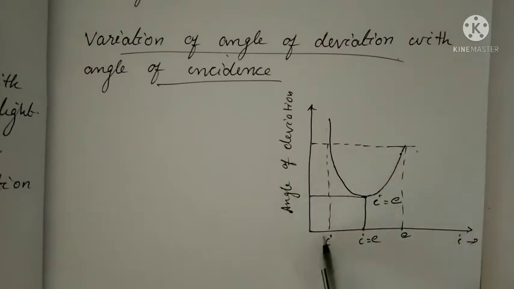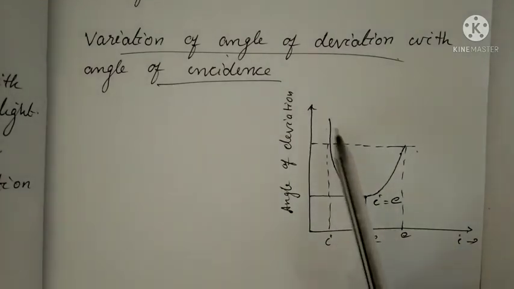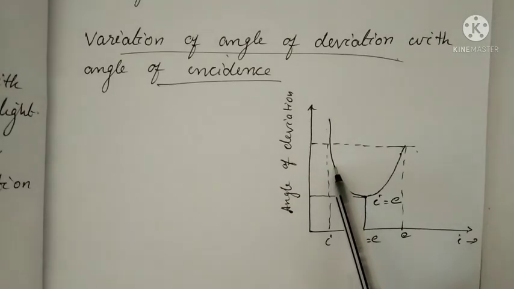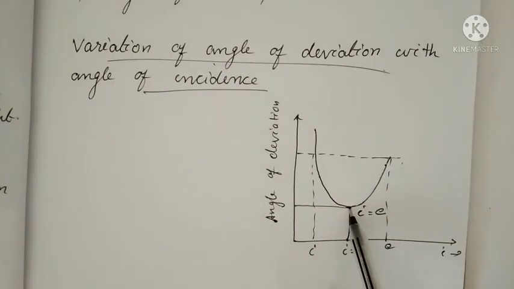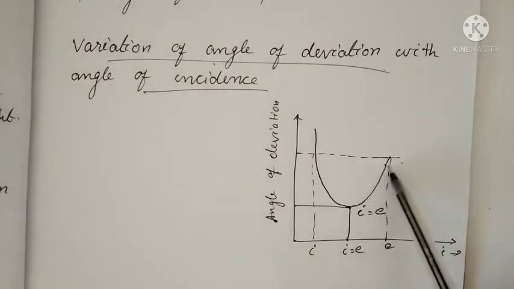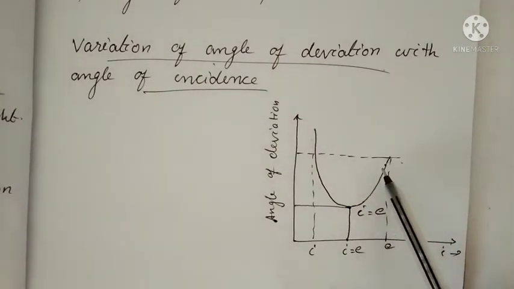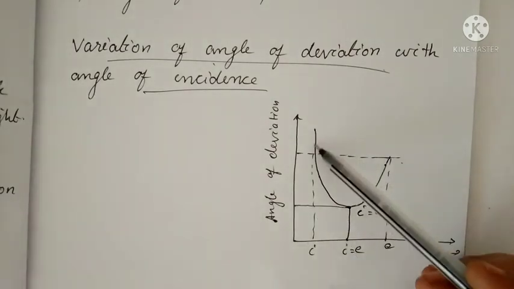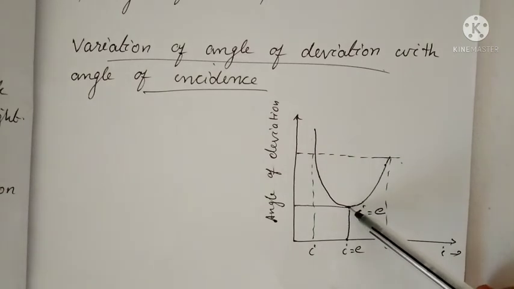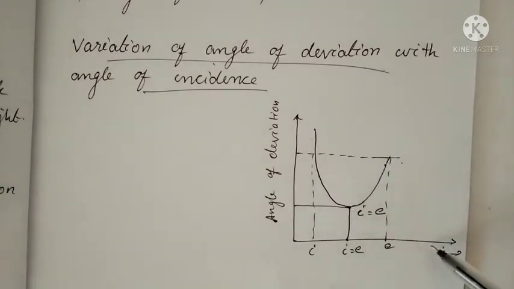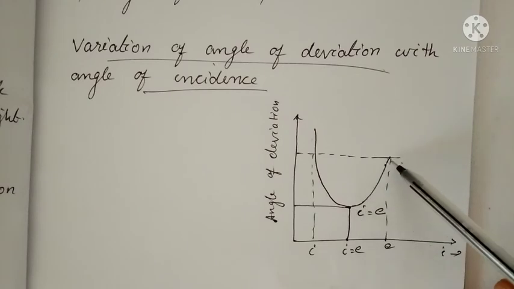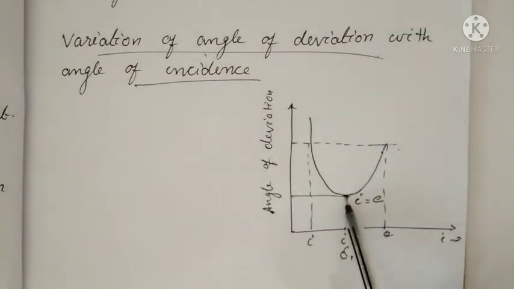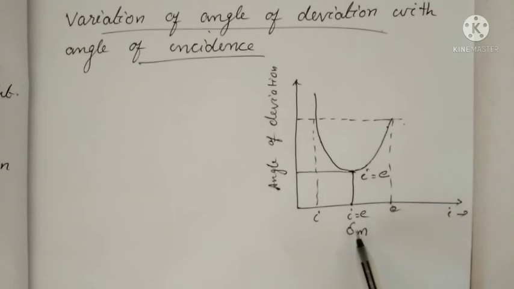This represents that when angle of incidence increases, angle of deviation first decreases and reaches a minimum value. Then when the angle of incidence increases, angle of deviation again increases. The minimum value of angle of deviation is known as the angle of minimum deviation.